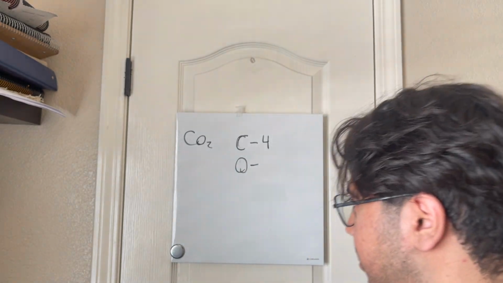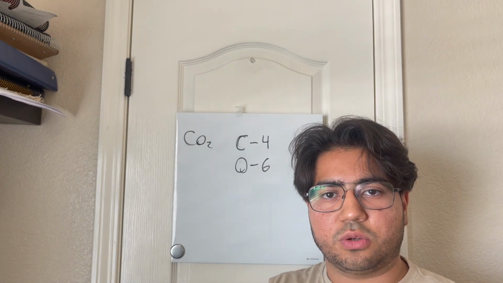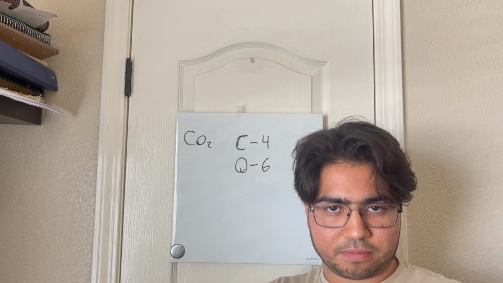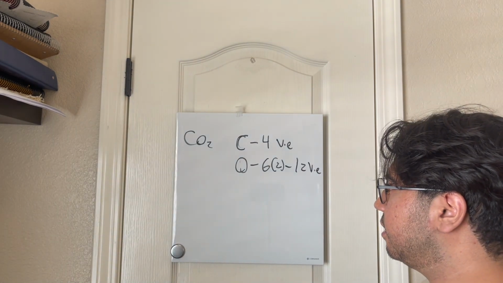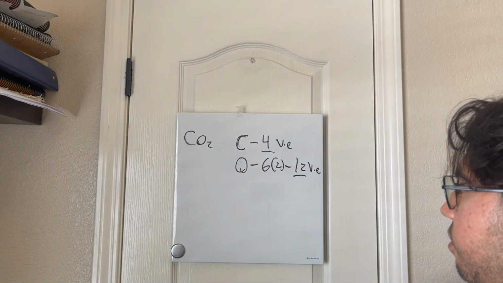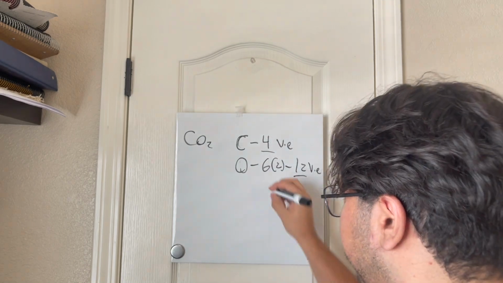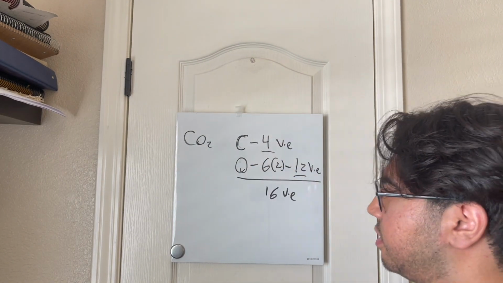And then oxygen wants 6. But we have 2 oxygens, so we have to multiply that by 2. So we have 4 valence electrons for carbon, 12 for oxygen. All we have to do now is just add them up, right? We get 16.